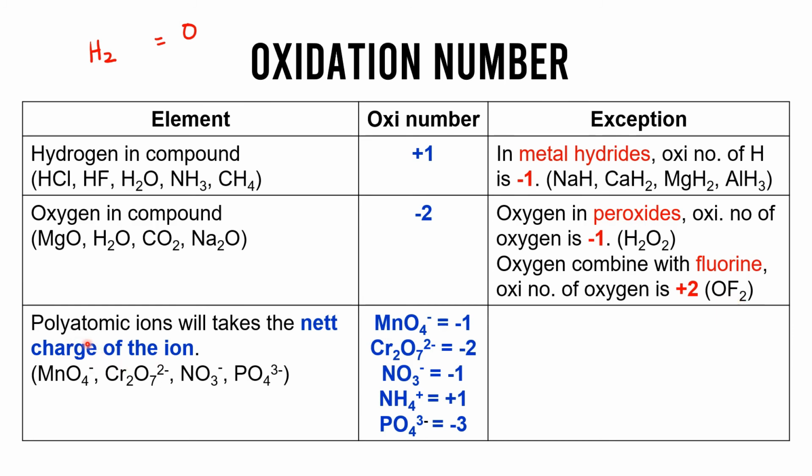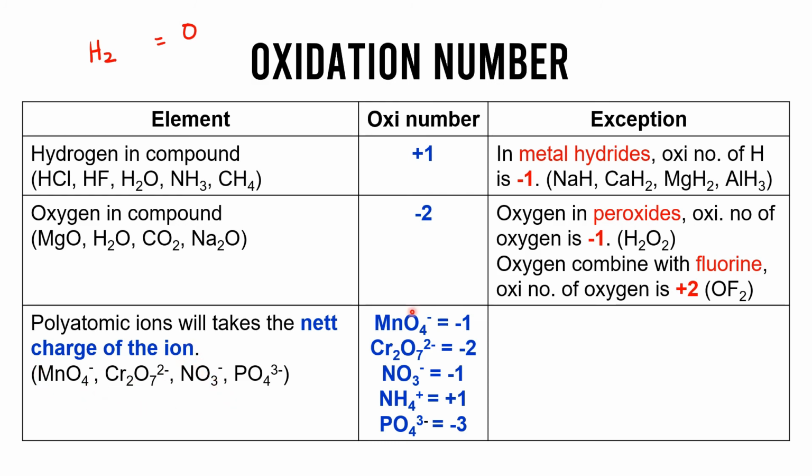And next, polyatomic ions will take the net charge of the ion. So these are examples of polyatomic ions. In a polyatomic ion, in order to identify the oxidation number, you have to take the charge on top here. The charge on top refers to the total oxidation number, the net charge of the ion, meaning the total oxidation number of the whole molecule.